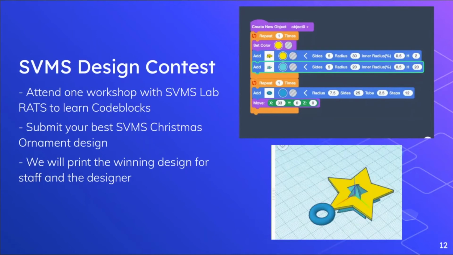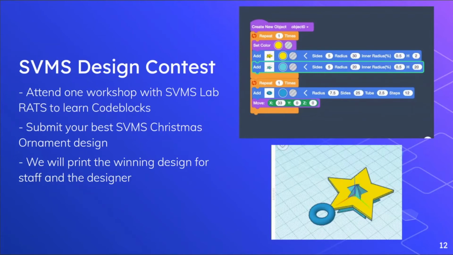And this is something that they will do during their study hall or during our recreation time. They can come in and talk to the lab rats and gain some help on the code blocks if the independent lessons are not enough. And then they can, of course, work on their design and submit this to myself.